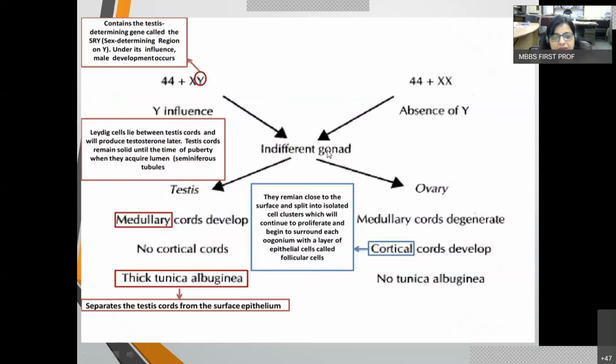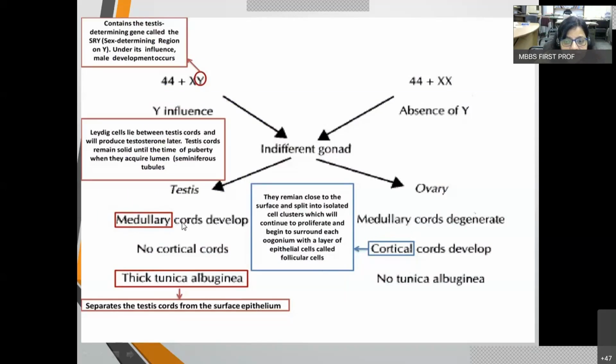Now, this pictorial depiction is showing you how the indifferent gonad, under the influence of Y and in the absence of Y, leads to testis and ovary development. When the testis develops, medullary cords develop from the medulla. And the opposite is true in the ovary.